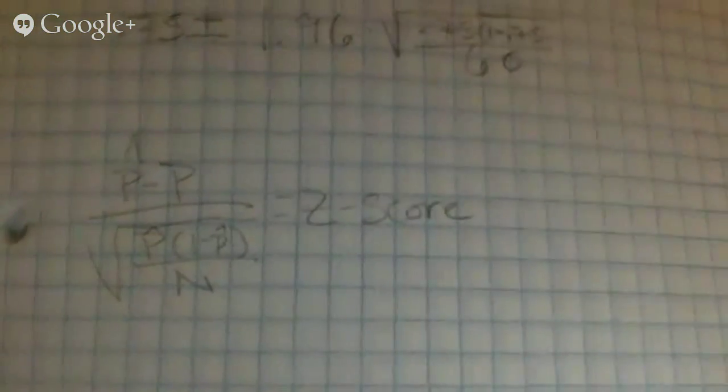This is our z-score formula right here. Not too difficult. You just have to plug in the numbers. Once you get that p, which is 0.475, and put that together with the sample size and find the standard deviation, you get that negative 2.282.